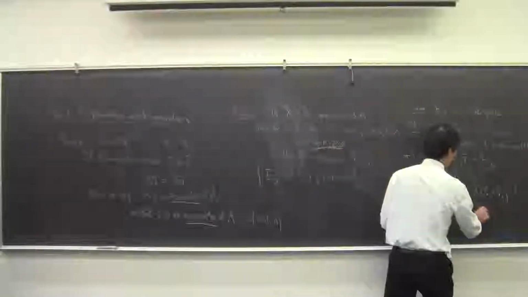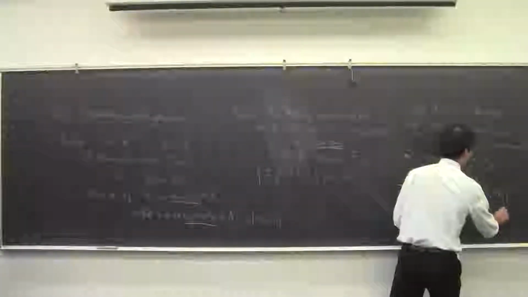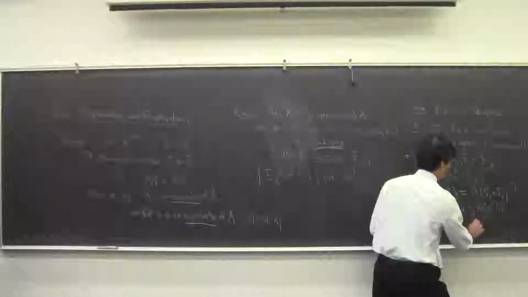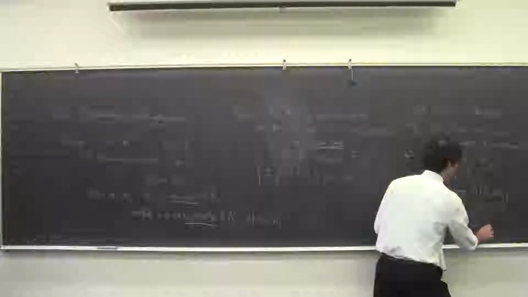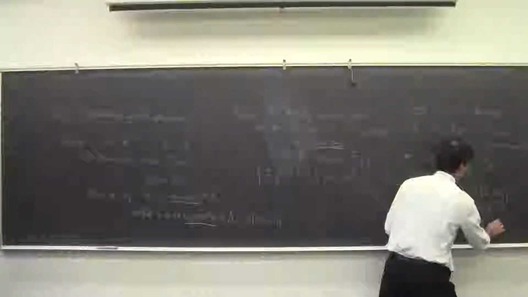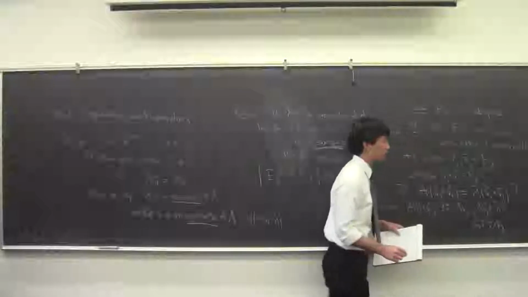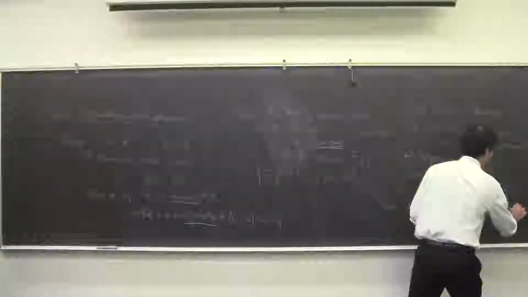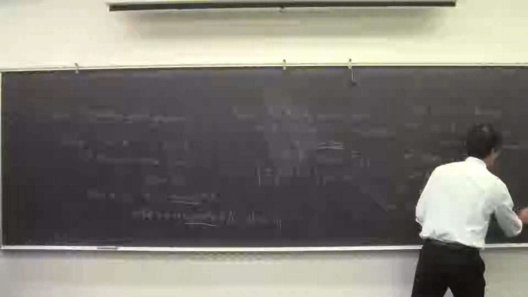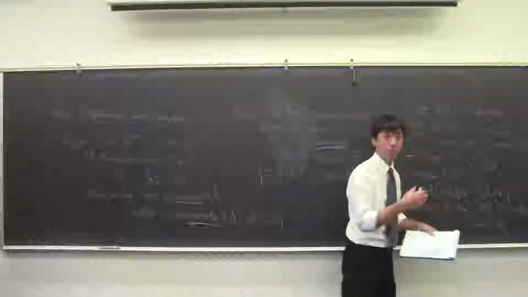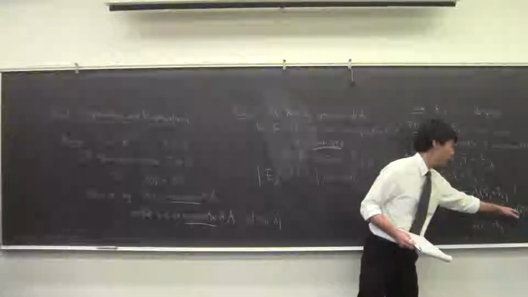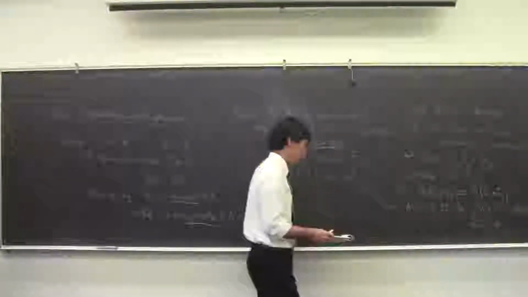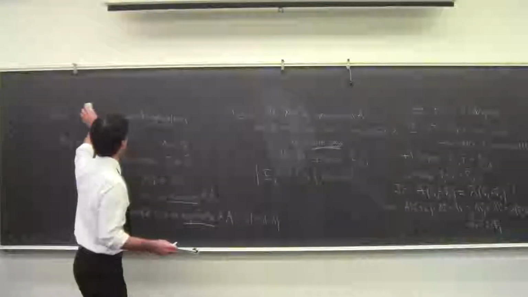Well, Av1 is lambda v1, and Av2 is lambda v2, since v1 and v2 are in E sub lambda, right? And then you just distribute again, right? You can pull a scalar out just by properties of multiplication. We have the distributive property, so we can distribute the scalar out. And so we're done, right? Okay, so pretty straightforward. Okay, so yeah, so that part is true.